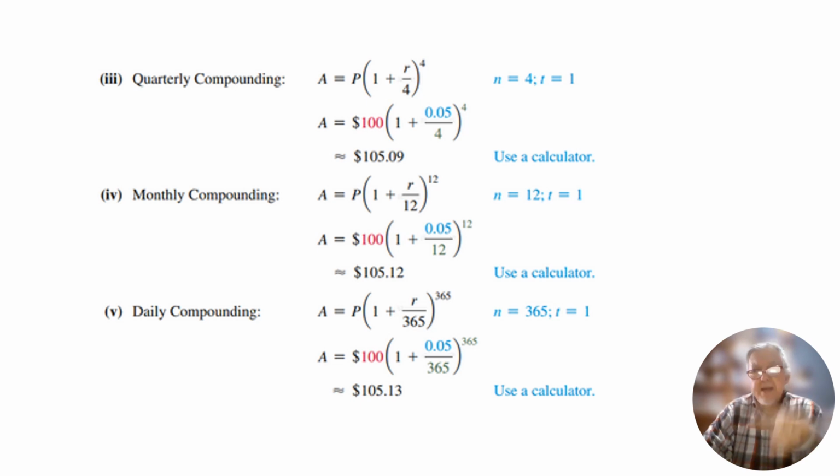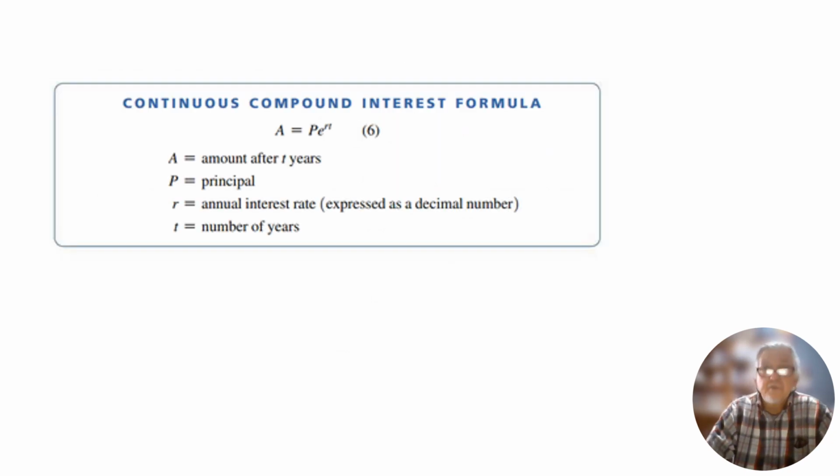So the next piece is what happens if you go from daily to hourly to minutely to secondly to tenth of a second to nanoseconds to nonstop. That's called continuous compounding. Then there's a different formula.